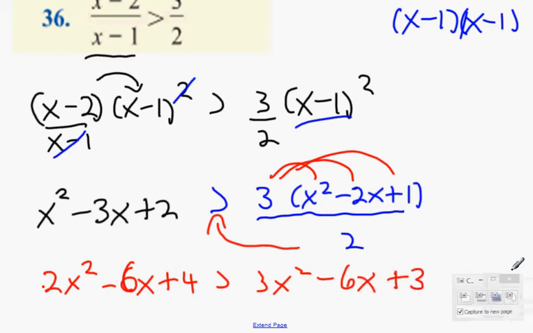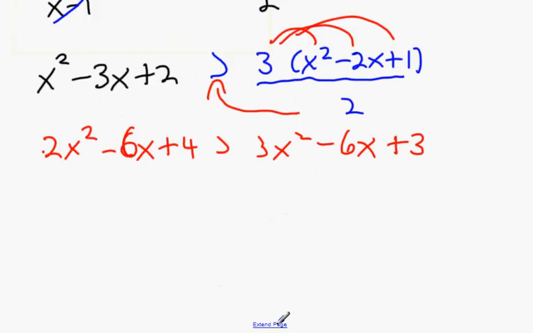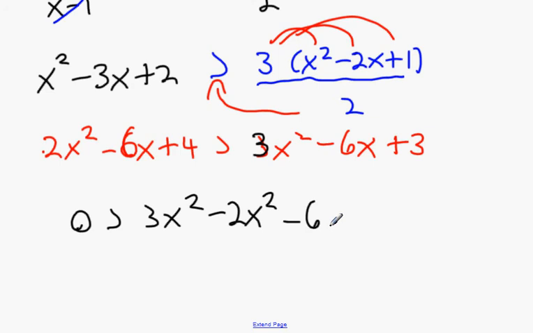Now that that's done, what I'm going to do is move everything over to one side. The side I'm going to choose is the side that keeps the x squared positive. So I'm going to say 0 is greater than 3x squared minus 2x squared minus 6x. Actually, the minus 6x is cancelled, don't they?